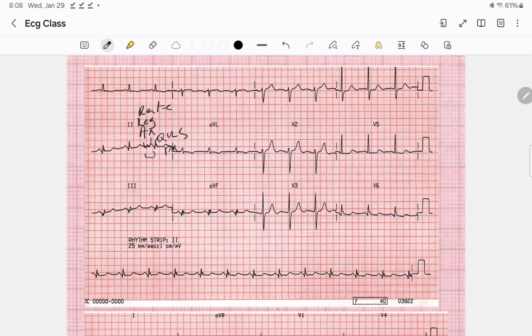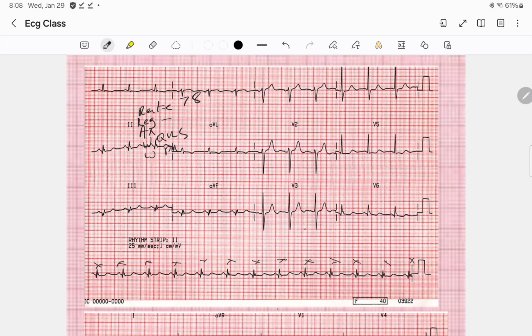Let's do this quickly. What's the rate? 1, 2, 3, 4, 5, 6, 7, 8, 9, 10, 11, 12, 13. Times that by 6. 6 times 13 is 78. So this is 78 beats per minute.